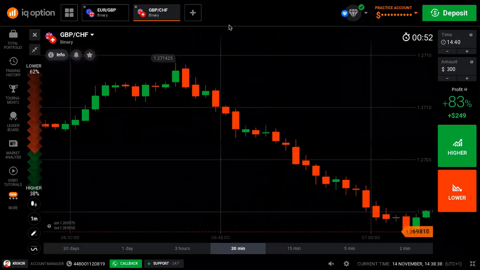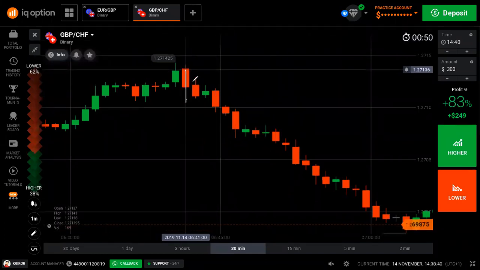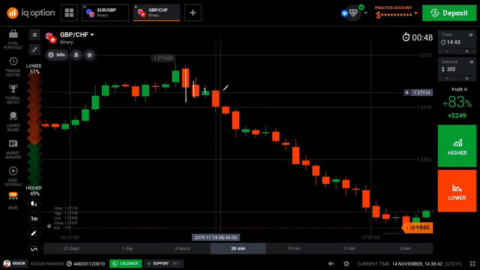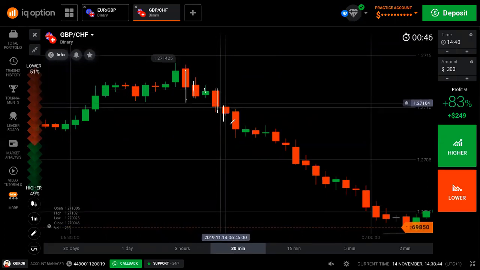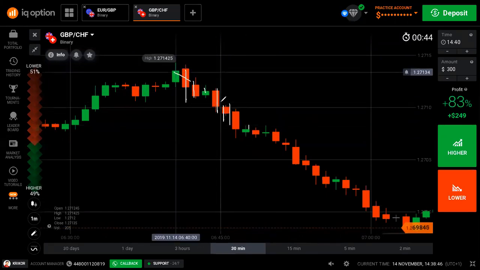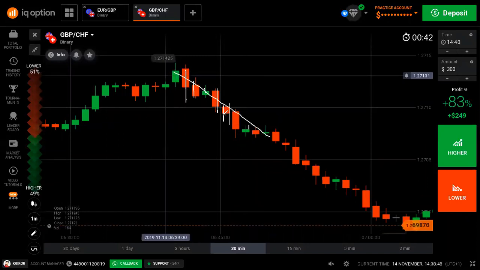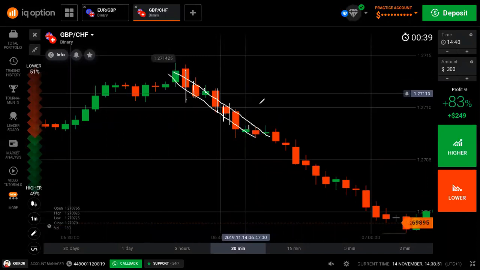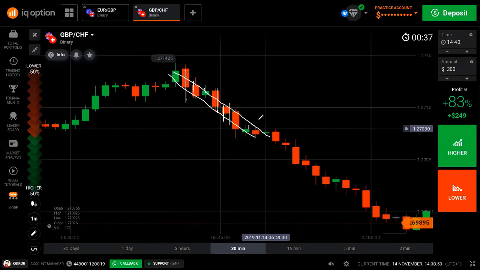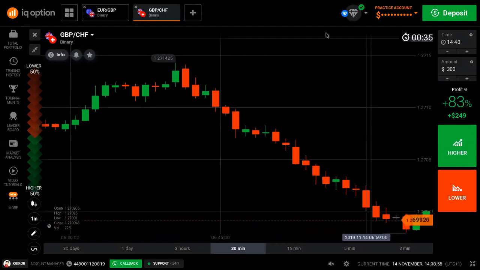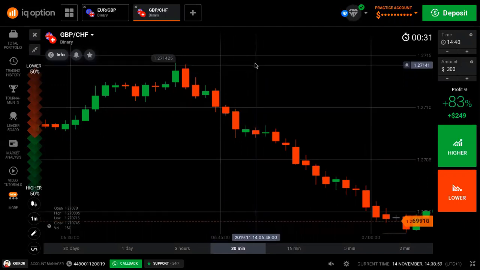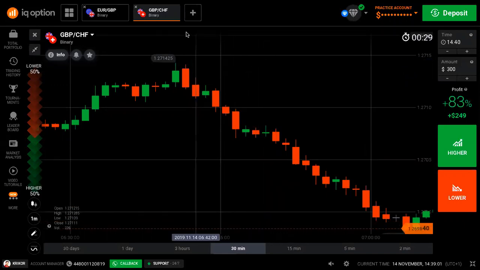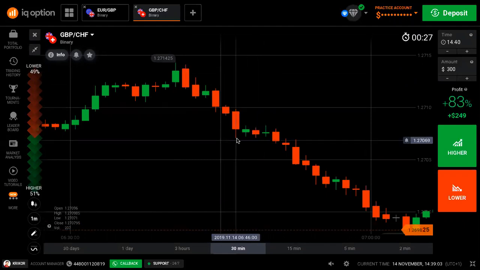Now, look at this trend. Sellers, sellers, buyer. Sellers, sellers, sellers, buyer. So this is not a momentum trend. This is a normal trend. So if you see a momentum candle here, you wait for the next candle before you trade. And that next candle must give you a sign. And that sign is, in a downtrend, it must make a new low.